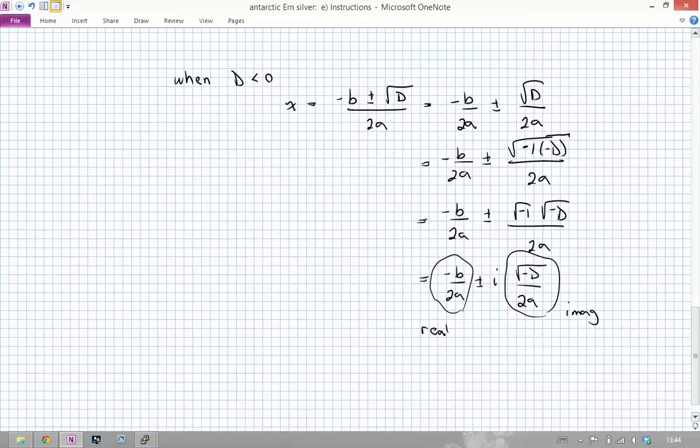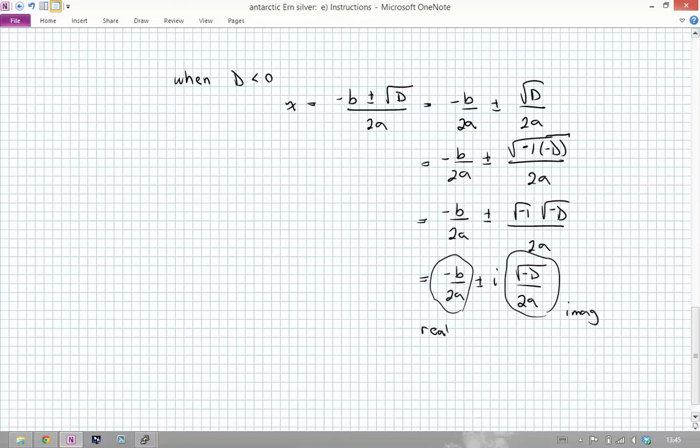Now, what's beautiful about this way of writing things: if d is less than 0, what can you say about minus d? It's greater than 0, and hence the square root function is perfectly happy.